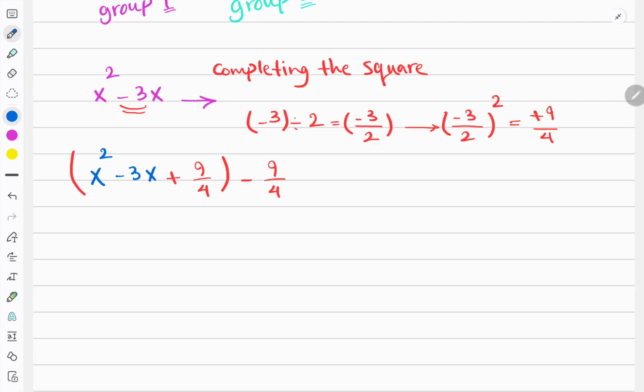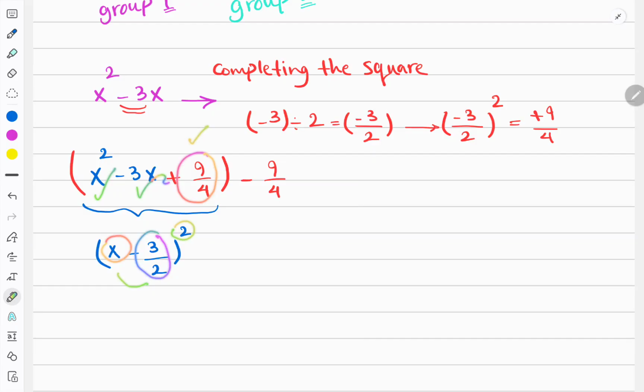Okay, and now we know that this expression in the parentheses is the perfect square, which is (x minus 3 halves) squared. So you can check, x to the power 2 is x squared, negative 3 halves to the power 2 is positive 9/4, and 2 times the product of x and negative 3 halves is negative 3x.